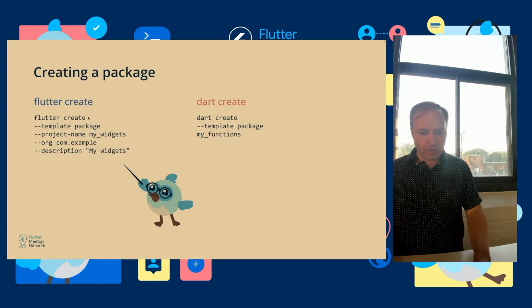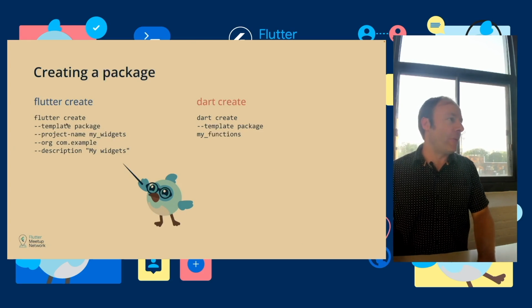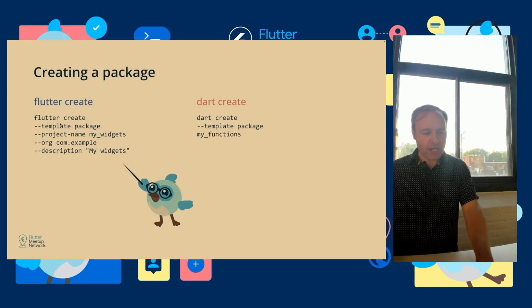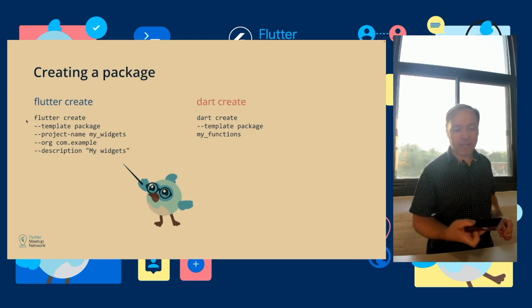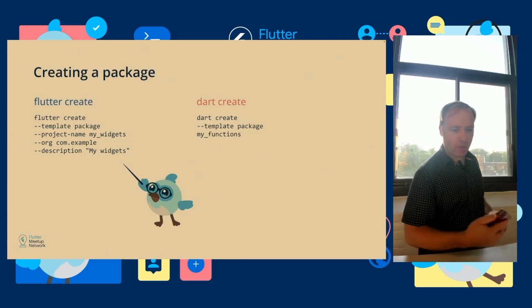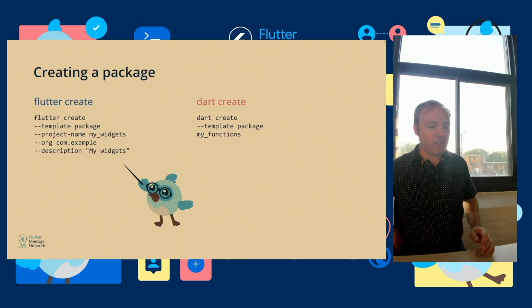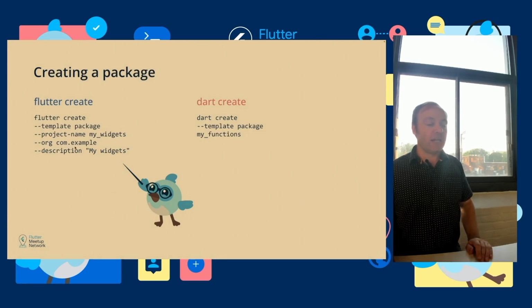We're gonna first start with an app, actually, and then we're gonna try to use some code from a package. There is this Flutter command line utility that has a create subcommand, and you can give it a project name, an organization with a domain name, and a description.